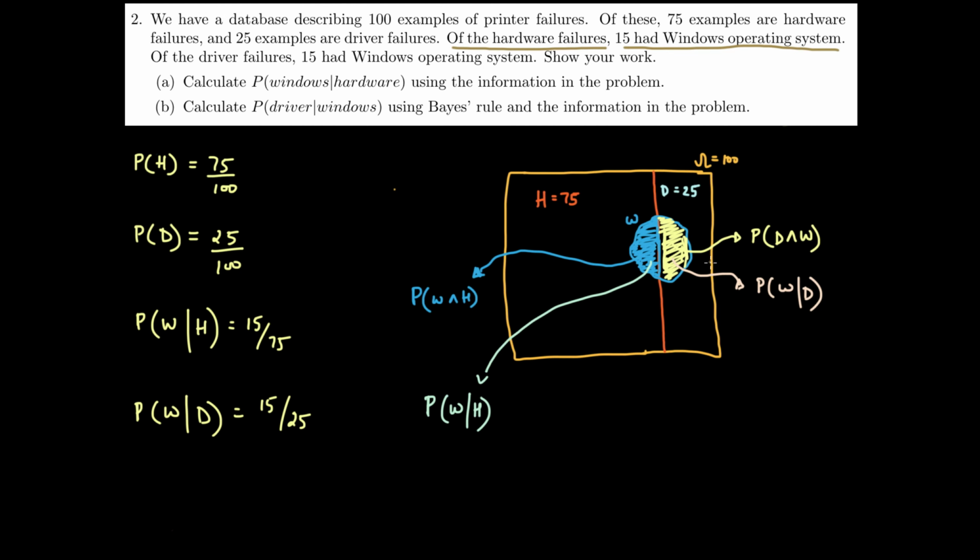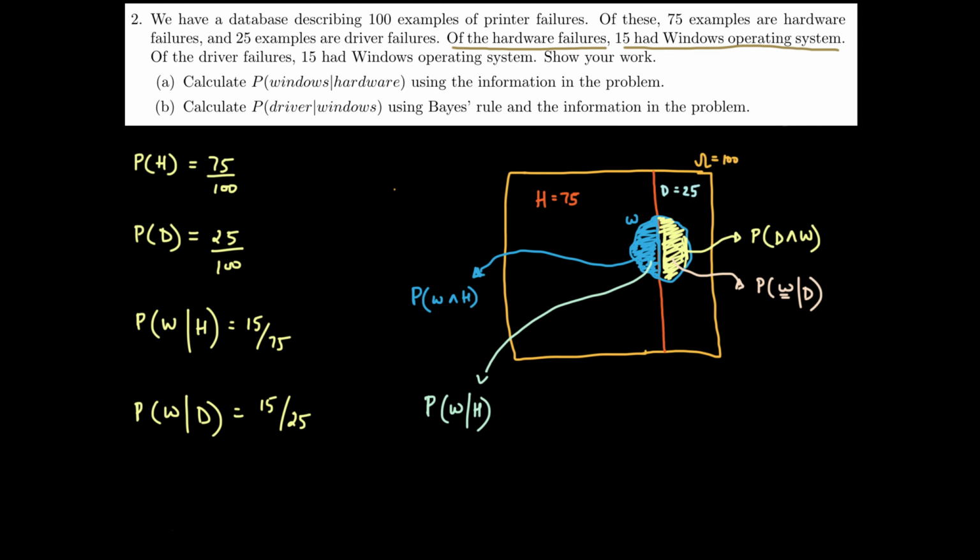So within these 25 printers, if I only look within those 25 printers and completely ignore the other 75 printers, then I can think of this yellow region as the probability of the failures due to Windows. So Windows related probability of W given that D has already happened.